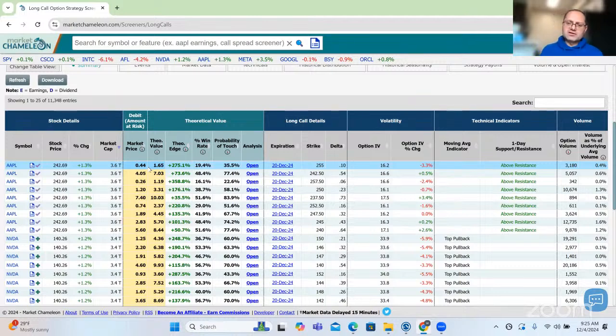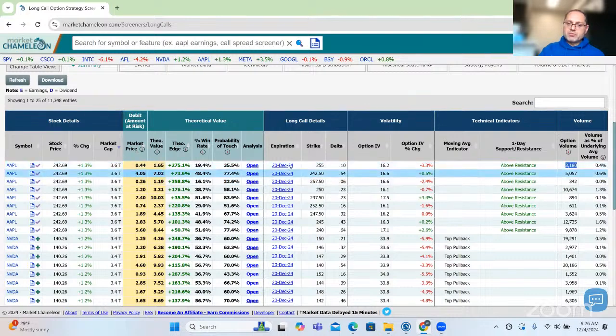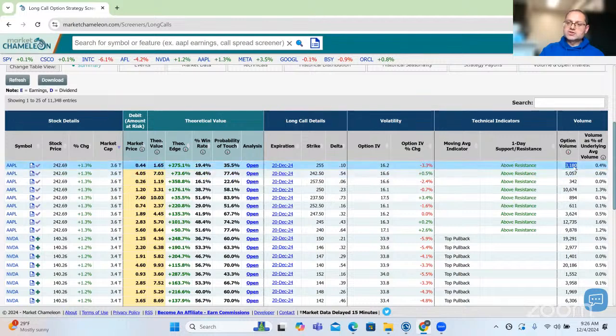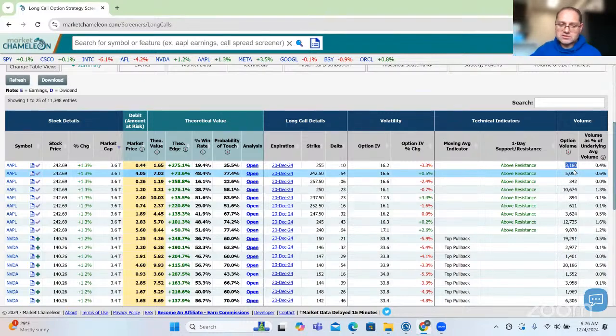So here is showing the option volume in this contract. So Apple December 20th, 255 call yesterday traded 3,180 contracts. Keep in mind, we're not open yet. This is pre-market, so this is looking at yesterday's data.